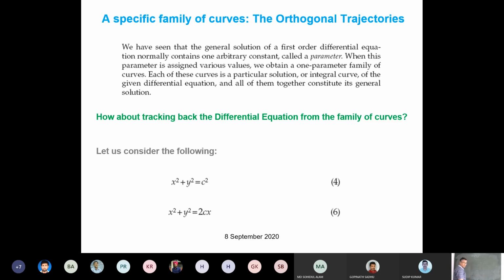Fine. Now, if I want to find the differential equation which represents this family of circles, I have to differentiate it with respect to the independent variable x. Then in order to find the differential equation of this family of curves, we get the first order derivative.